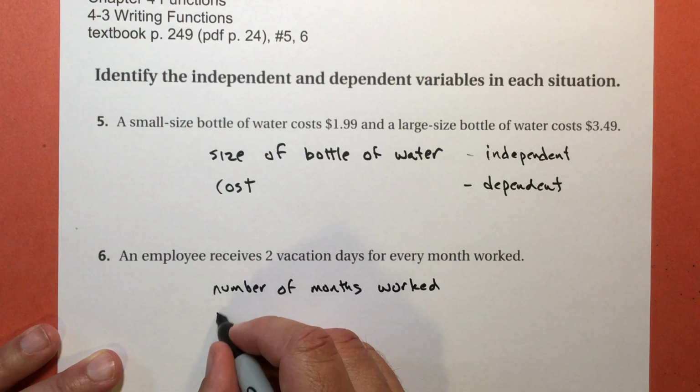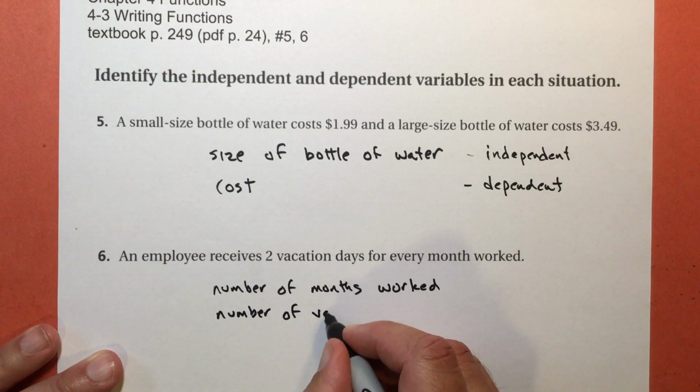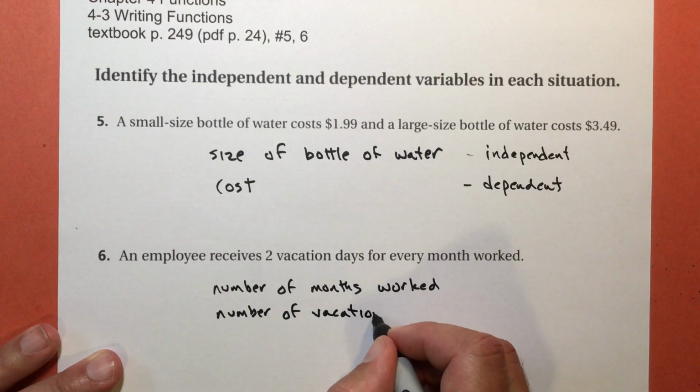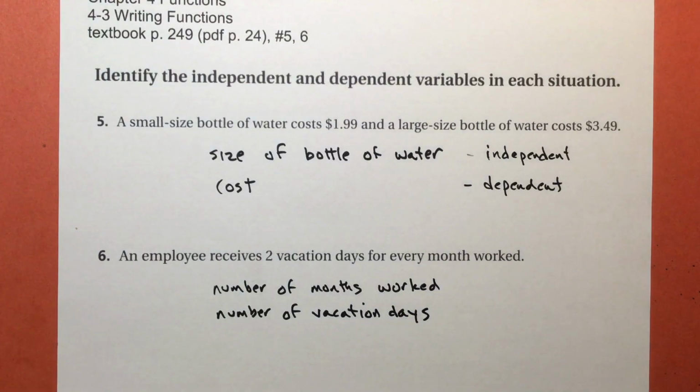And I also have the number of vacation days that the employee can accrue. So if you work for 1 month, you get 2 vacation days. That's actually a pretty sweet deal, to be honest. If you work for 12 months, you're going to get 24 vacation days, which is like the world's greatest company. That's amazing.